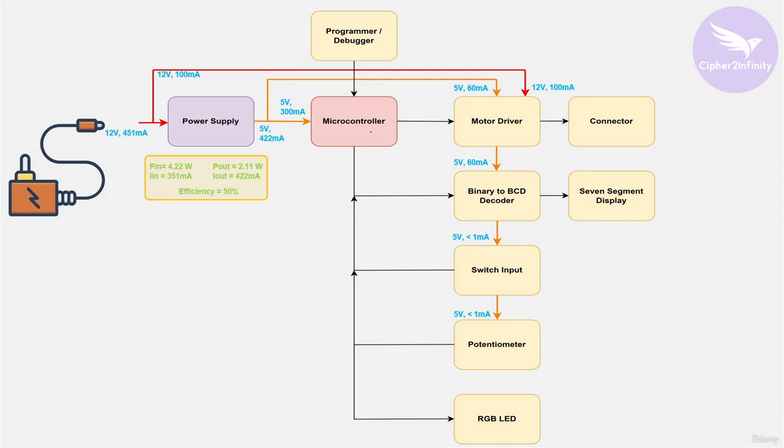Now let's start with this block, which is basically microcontroller block, and we have already discussed that we are going to use an Atmega 328 microcontroller. And you know, whenever you have to get the maximum current consumption value for a specific IC, at that time you have to go to the datasheet of that particular IC, and in the datasheet of that IC you will find one section which is called the electrical characteristic section. And in the electrical characteristic section it will be given what's the maximum amount of current that particular IC is going to consume.